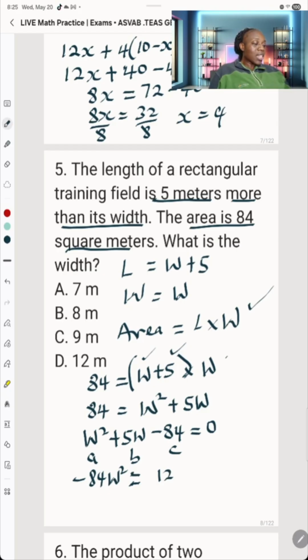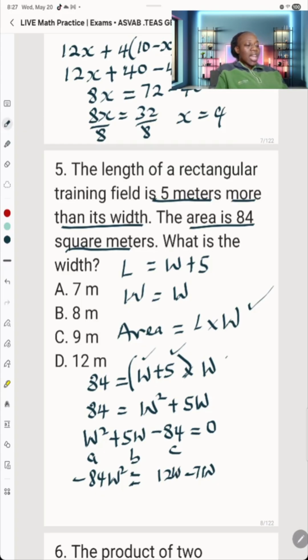12 and 7. Definitely one of them must be negative so that we can have negative 84. Then we need to consider which of them will be negative. For the sum to be positive 5, 7 must be negative.